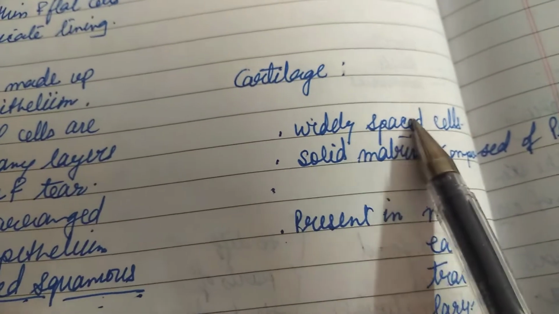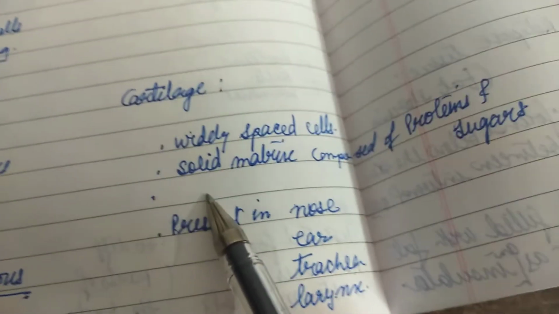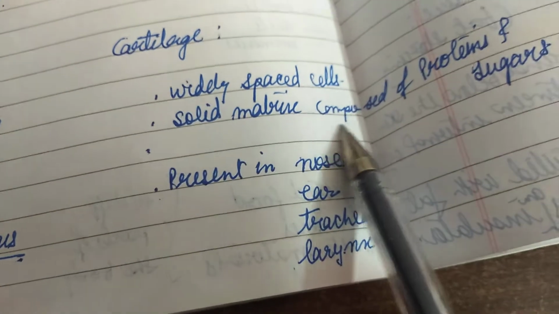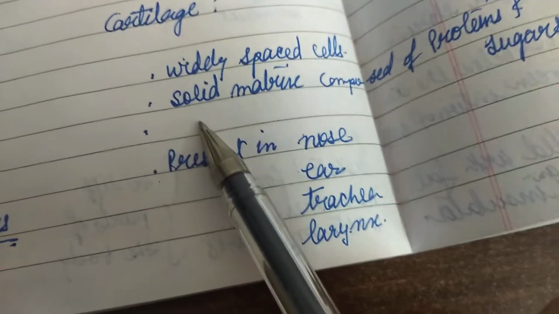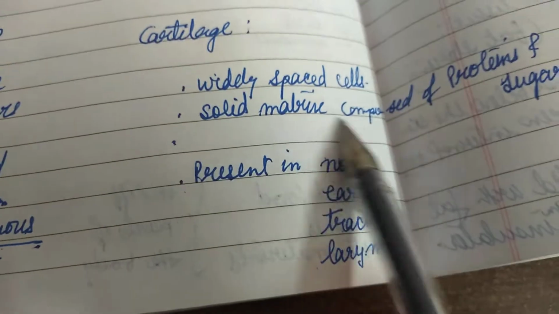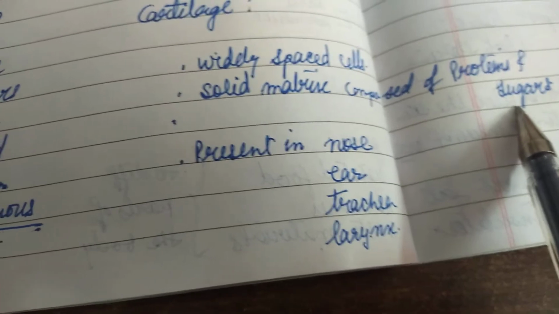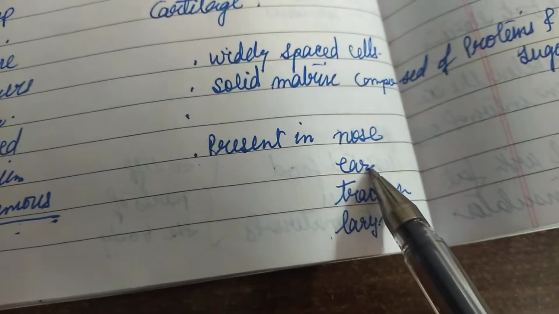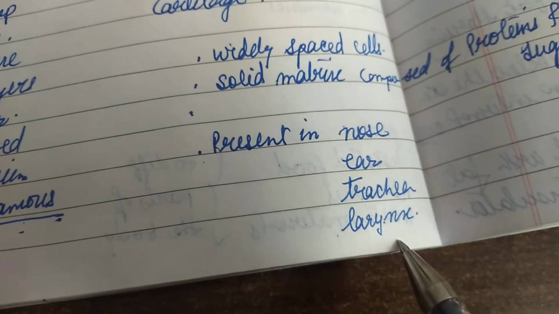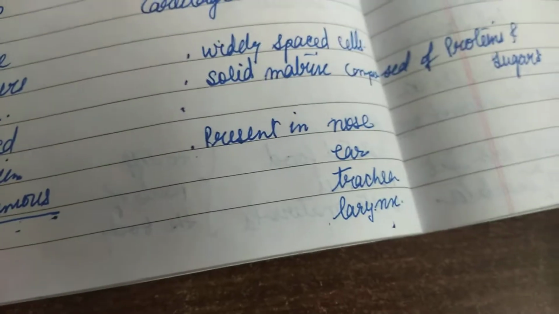The cells are widely spaced, and the matrix is solid but not rigid. It's not hard, it's solid but not hard. The solid matrix is composed of proteins and sugars. Where is it present? If you see the nose, ear, trachea and larynx, that is the voice box, they are made up of cartilage.